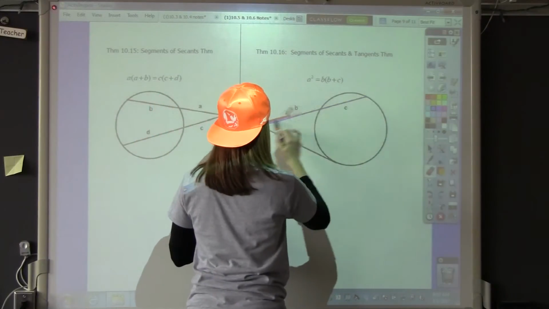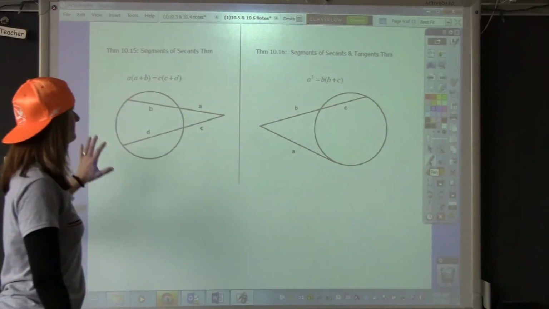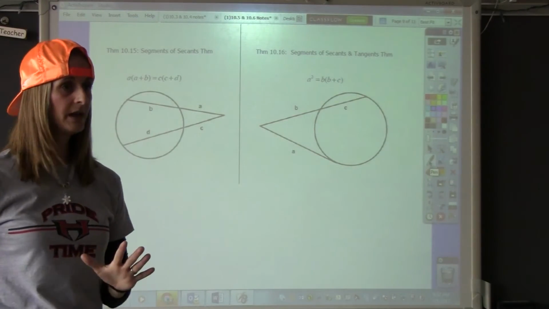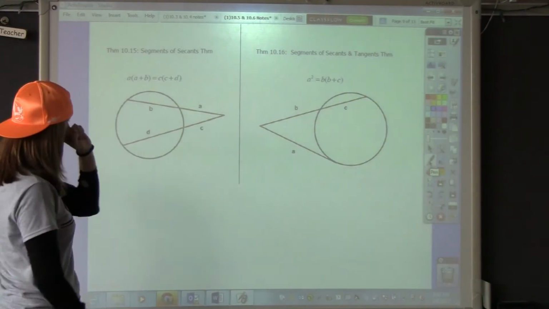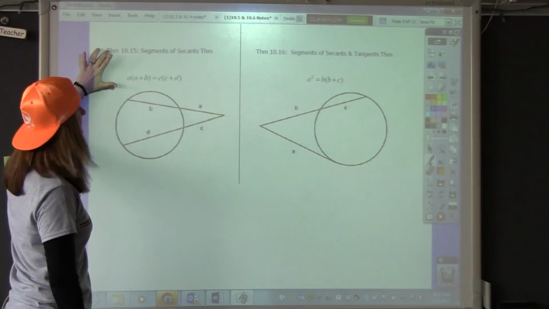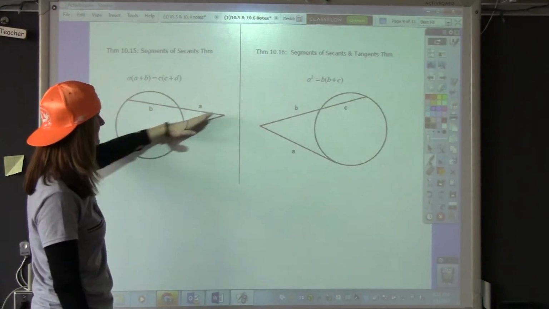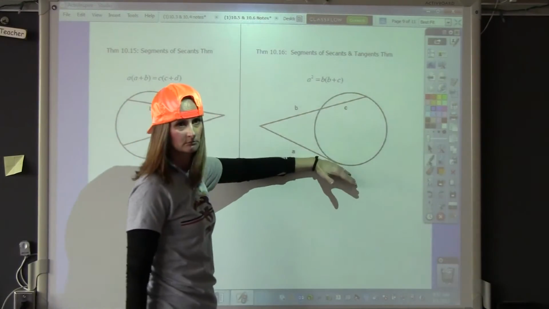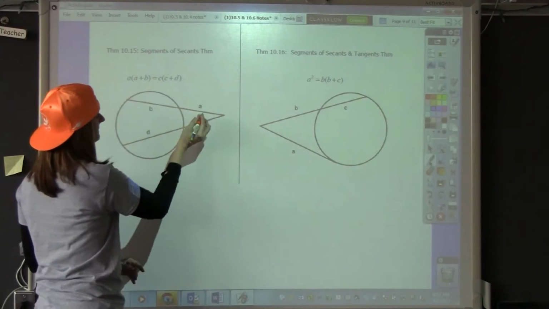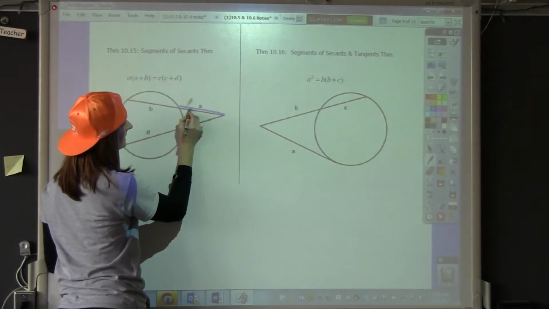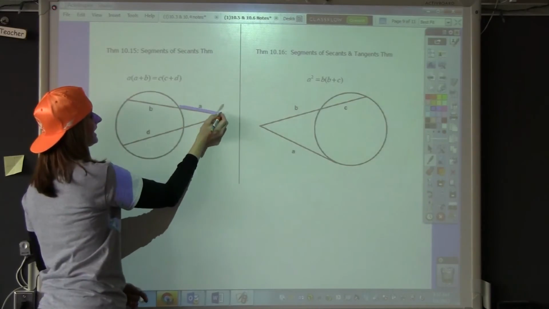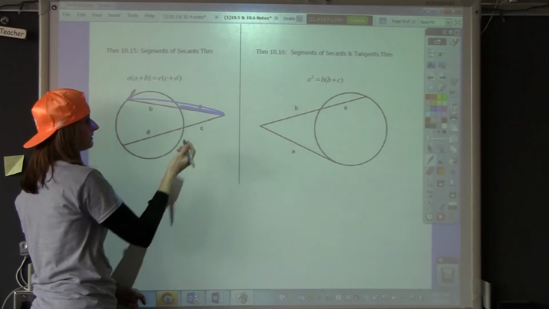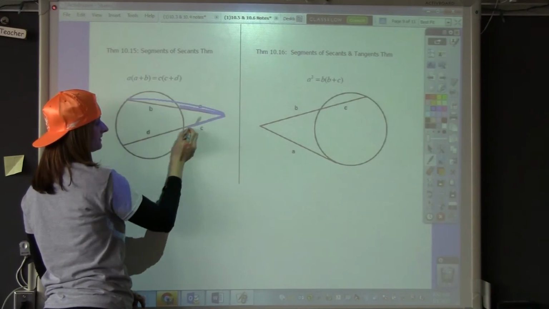Let me erase these. Okay, these are different theorems, but I want you to look at them the same way. In this theorem 10.15, you've got two secants, and here you've got one secant and one tangent, but the relationship is the external segment times the length of the entire segment equals the external part of the segment times the length of the entire thing.